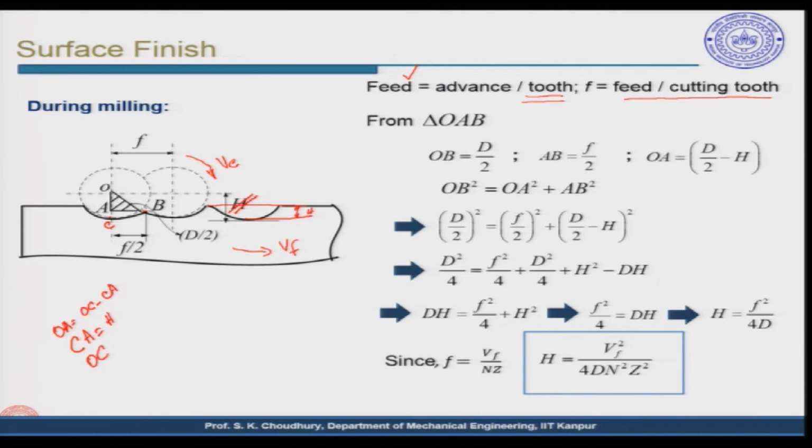OC is d by 2, therefore OA is d by 2 minus H. This is what is written here, d by 2 minus H. AB is f by 2, as I said. So, from this triangle, OB square is equal to AB square plus OA square.